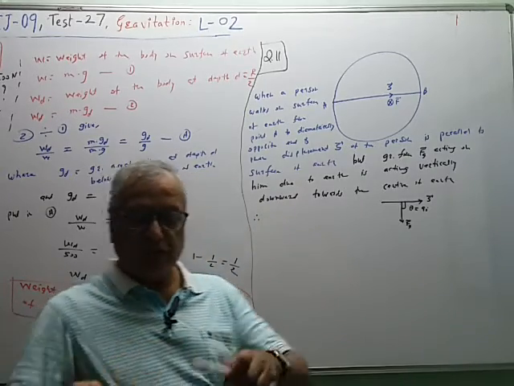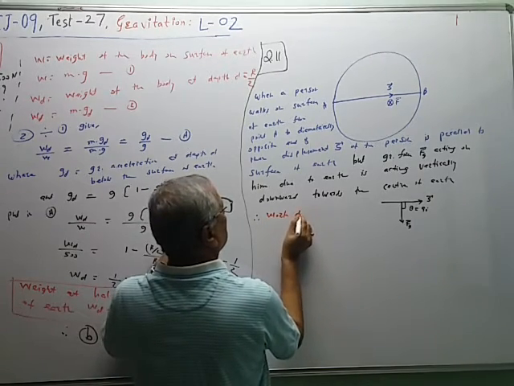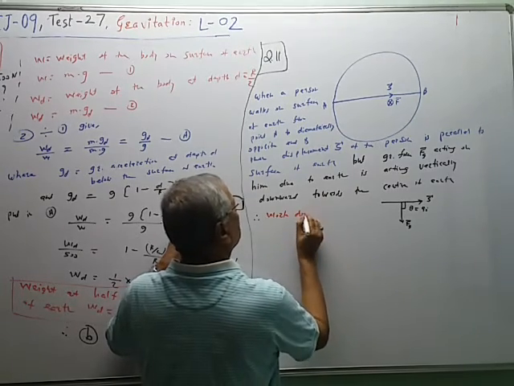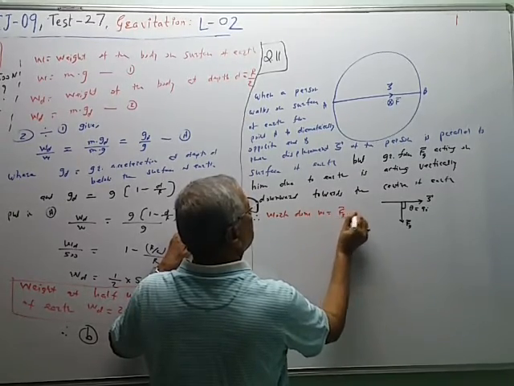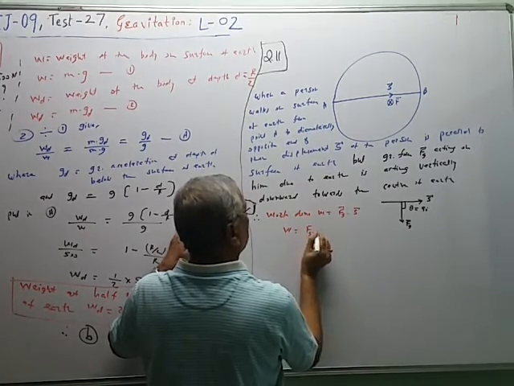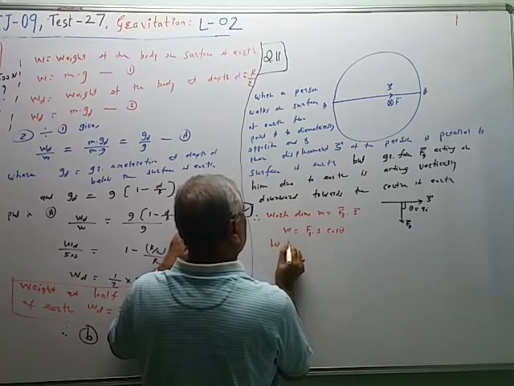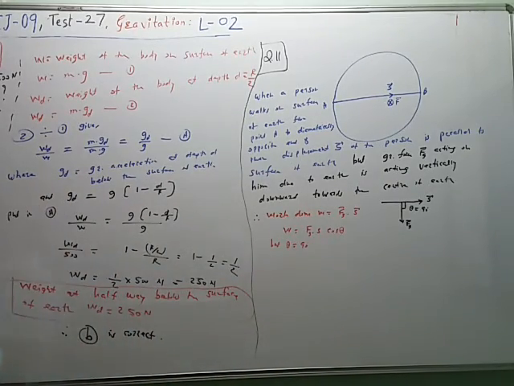Therefore, work done W is equal to mg dot S. So W is equal to mg into S into cos of theta. But theta is equal to 90 degree, and since theta is equal to 90 degree, the value of cos of theta is 0.